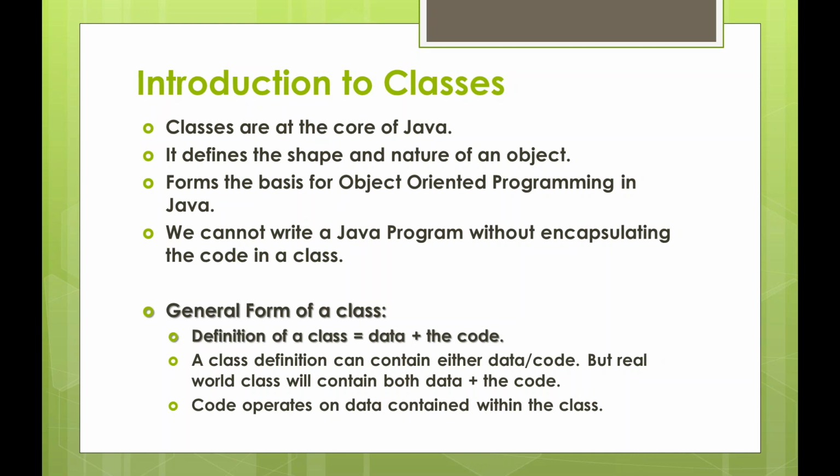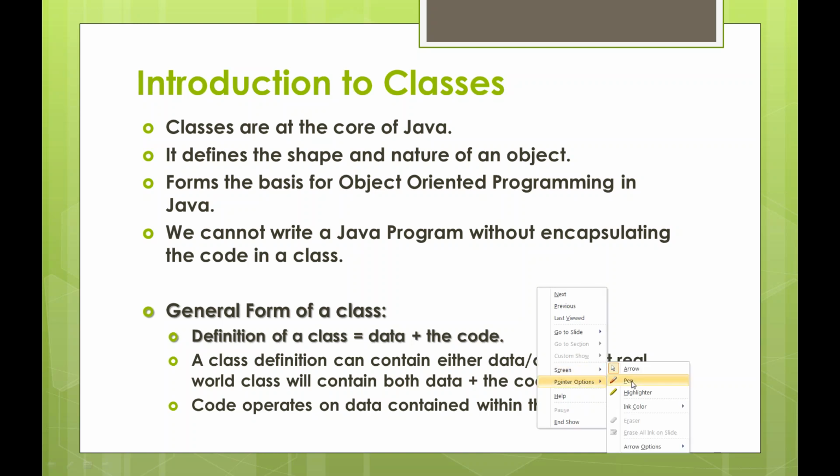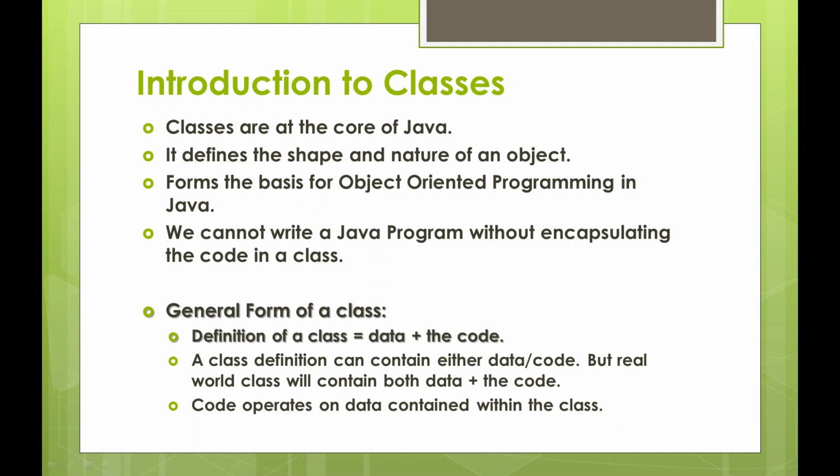So what are these classes? If we remember our previous classes, we wrote all our code, even if you want to declare a single variable of a primitive data type, in a class definition. Even for a simple variable, we have declared those things within a class. What does that mean?